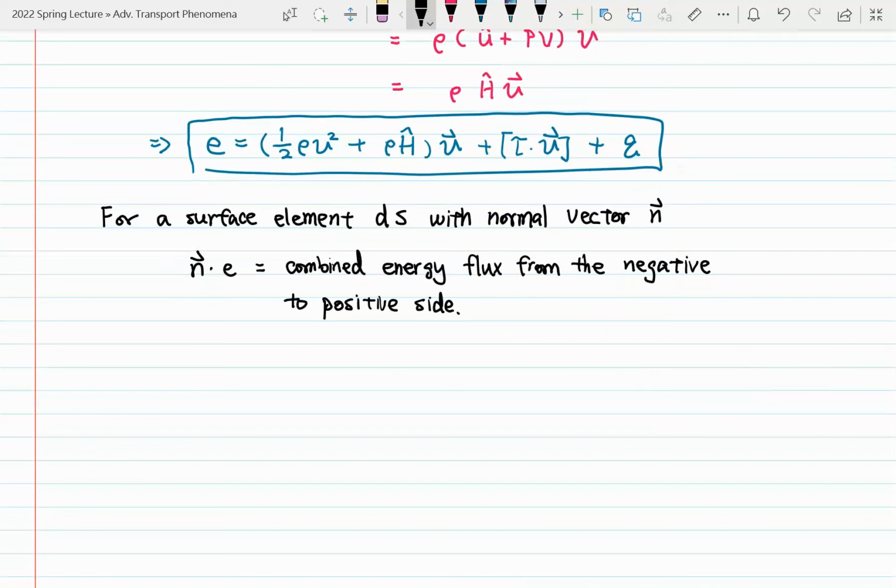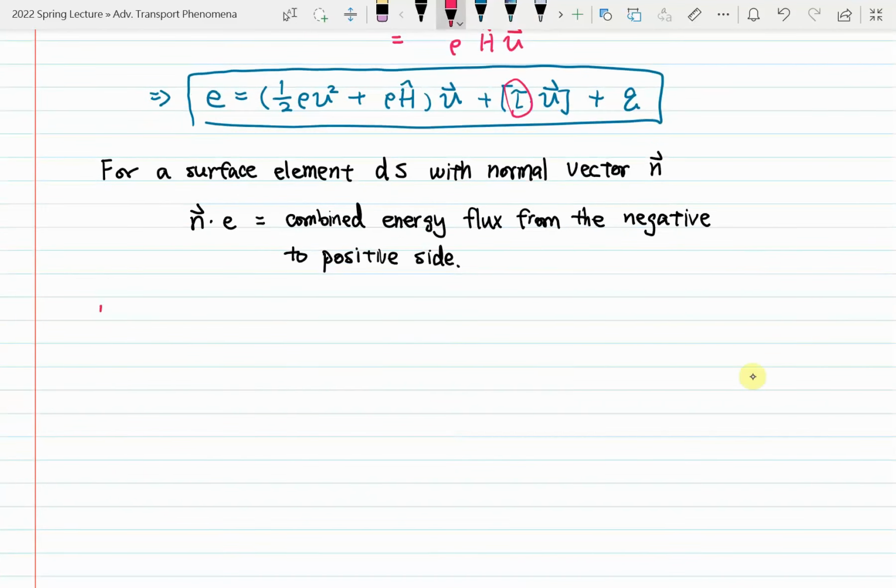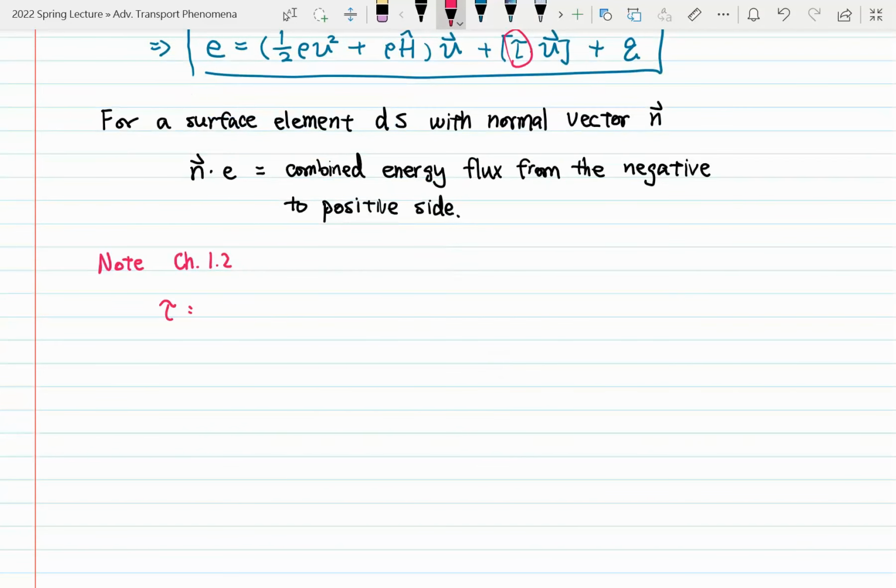Okay. And before we continue, I would like to give you some notes about the shear stress tensor, the momentum flux tensor. You can find this in chapter 1-2. So the tau here is the viscous momentum flux tensor.